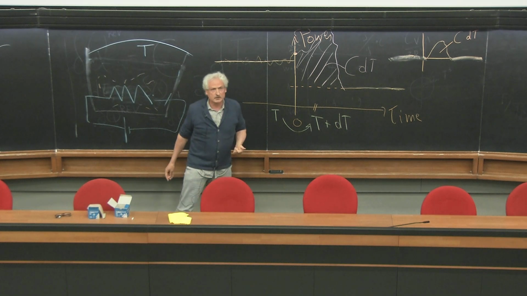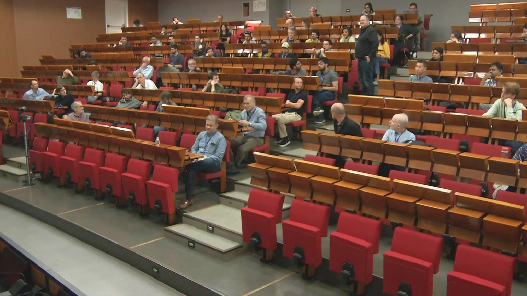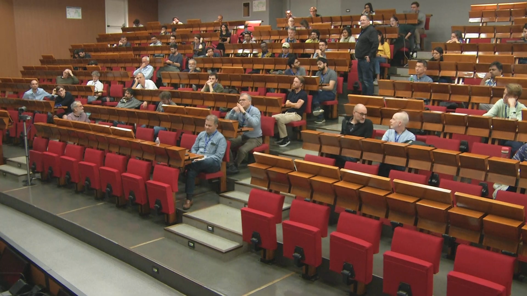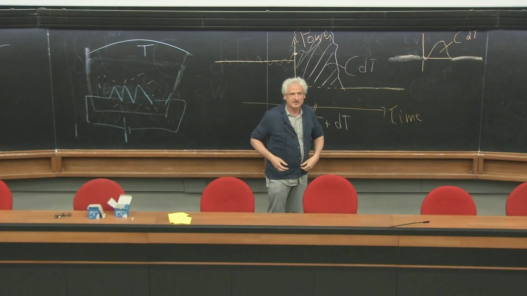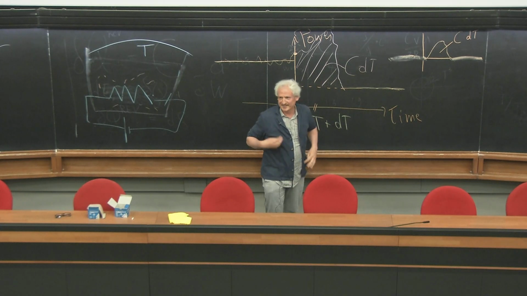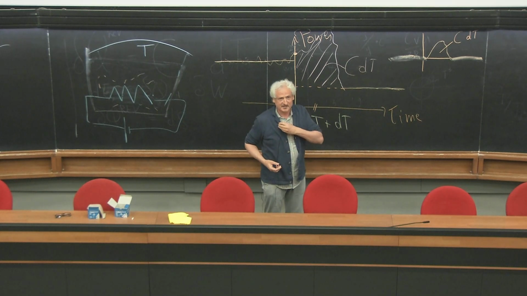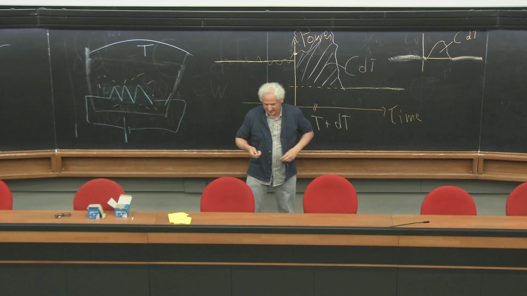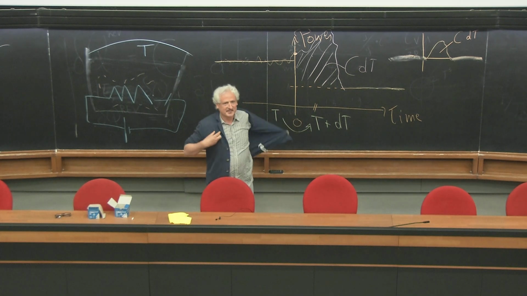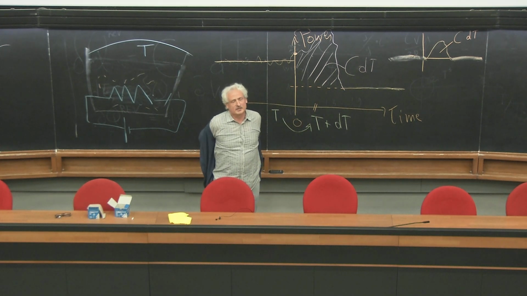Question. Please. On the picture in the middle, if it's steady state, why does the temperature change? Why do you think? Because I changed it. No, the temperature is the temperature of the reservoir, so I change it.